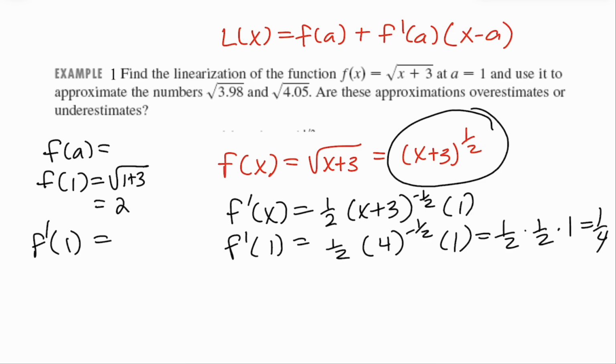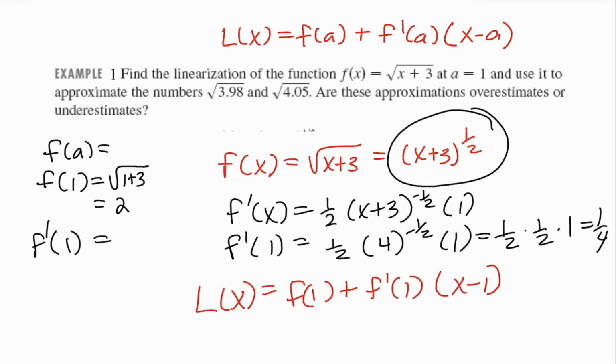So now we have all the pieces we need to stick into our formula. So let's go ahead and do that. Our linearization is f of a plus f prime of a times x minus a.